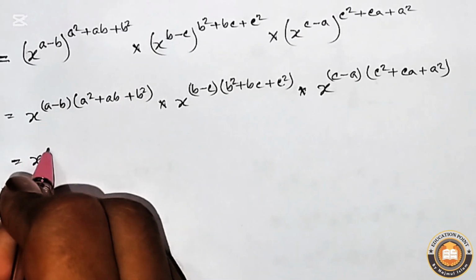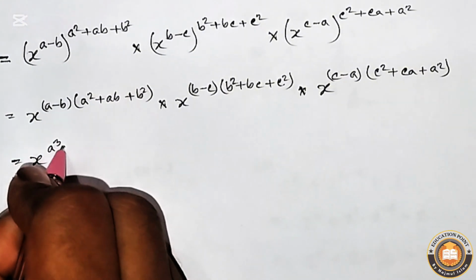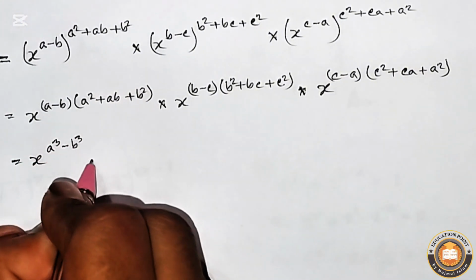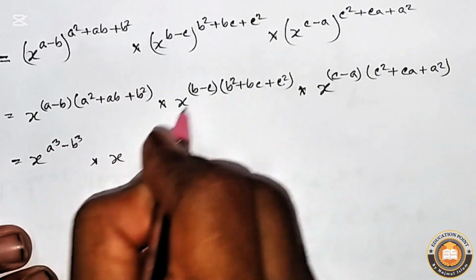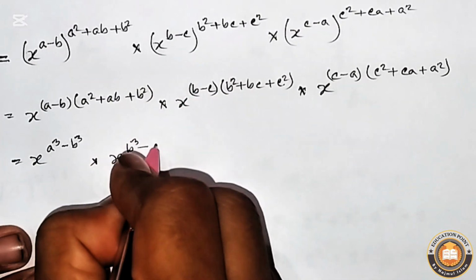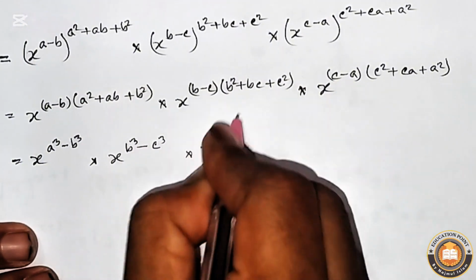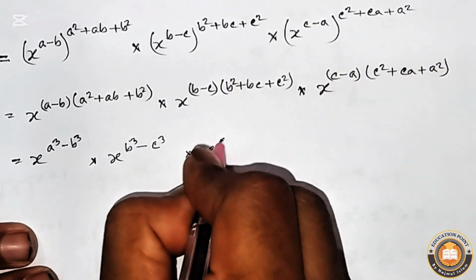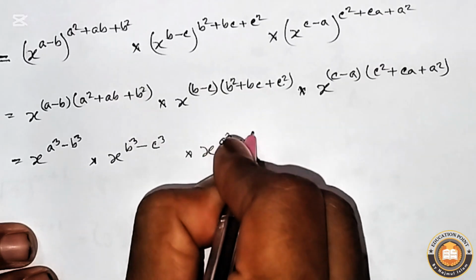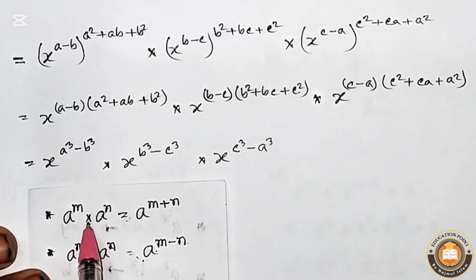So we can write this is the formula of a cube minus b cube, into x to the power, this is the formula of b cube minus c cube, into this is the formula of c cube minus a cube. Here we will apply the formula a power m into a power n equal a power m plus n.